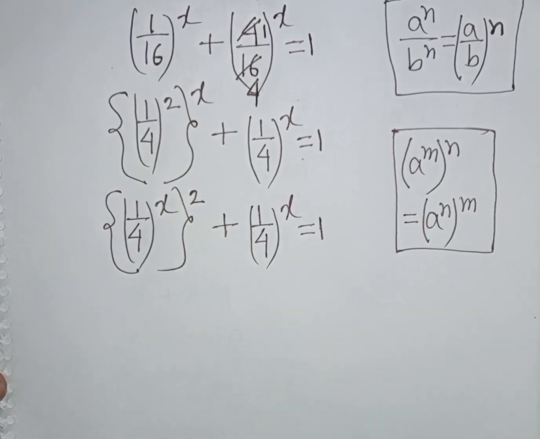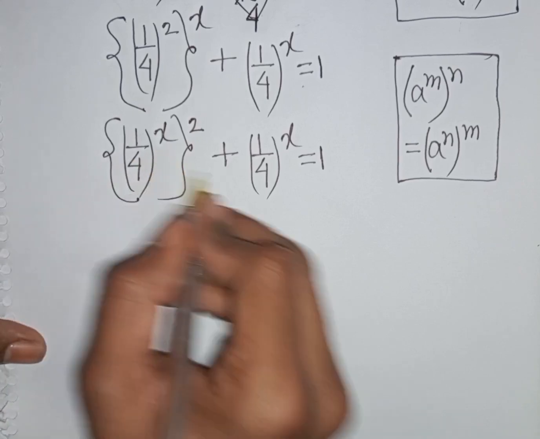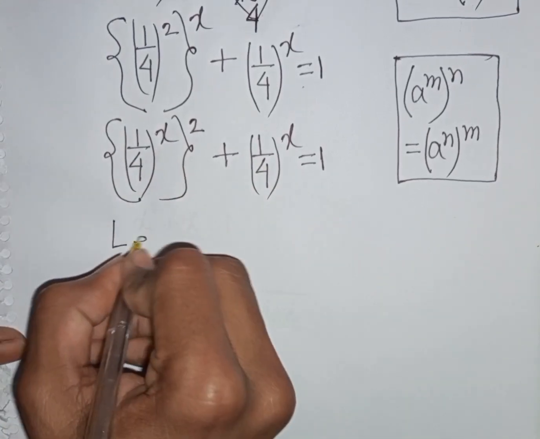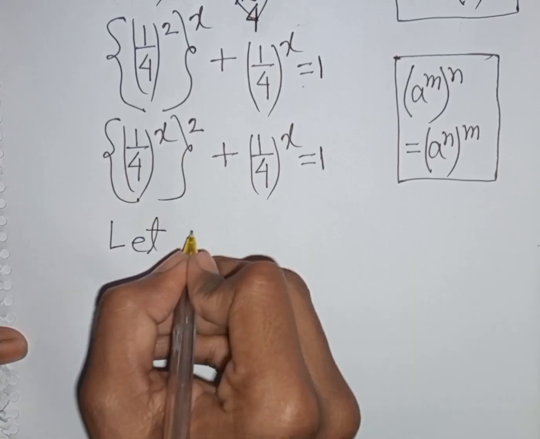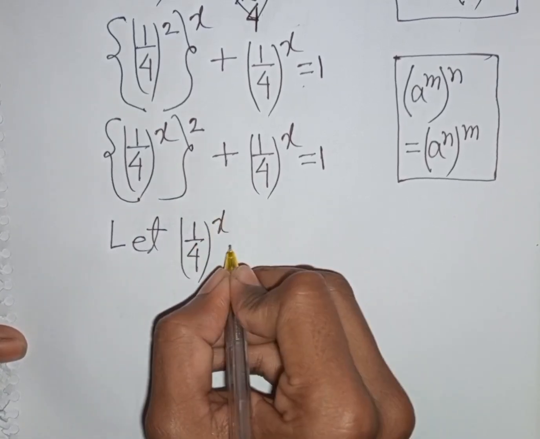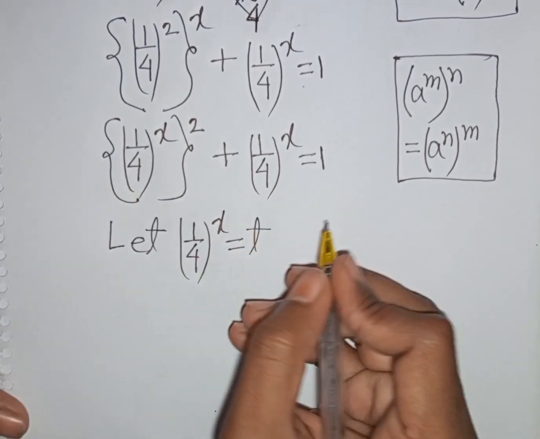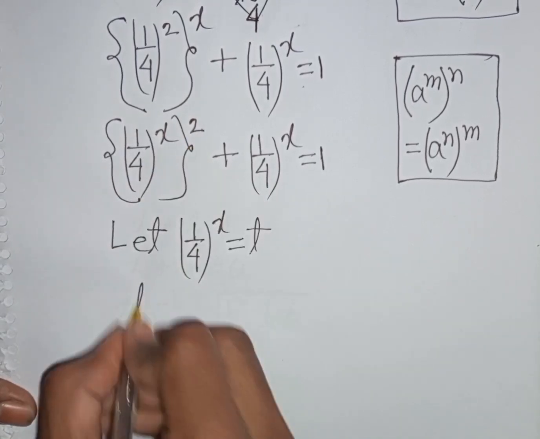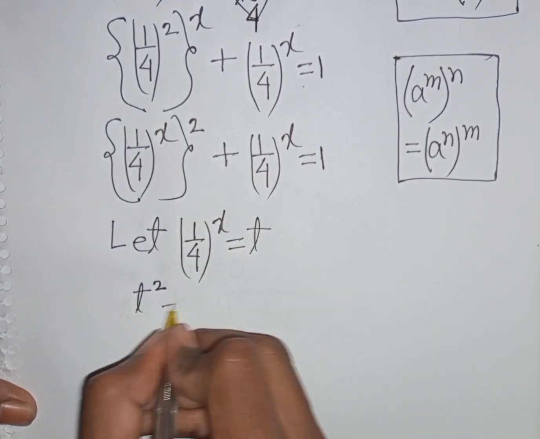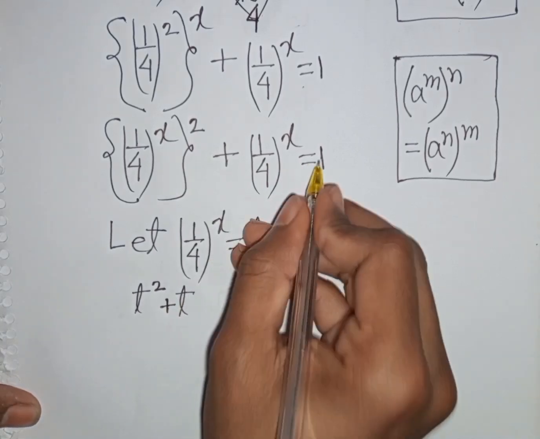Now we see (1/4)^x and (1/4)^x, both terms are the same. So let (1/4)^x be substituted by t. So our equation will be t^2 + t = 1.